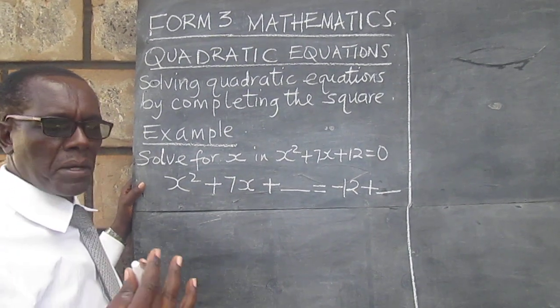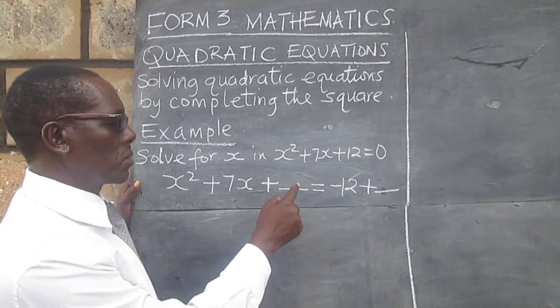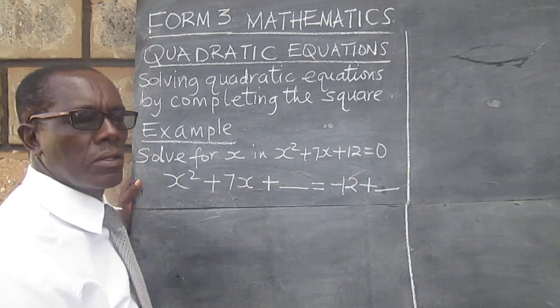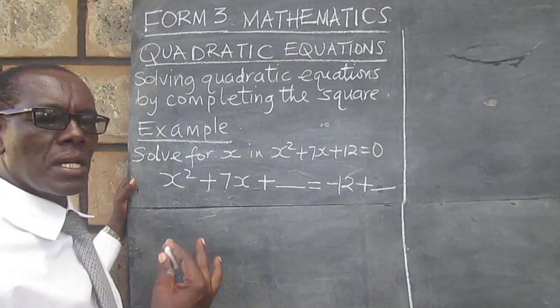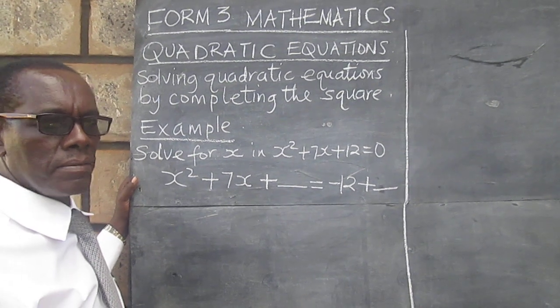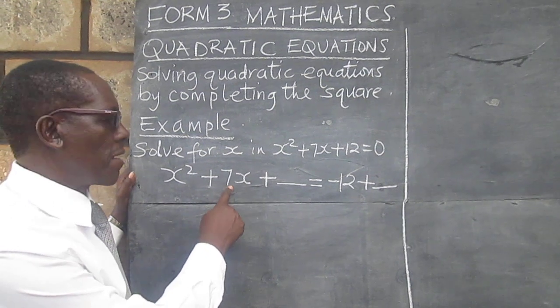So you remember we were adding half of the coefficient of the middle term squared. The coefficient of the middle term in this case is 7.